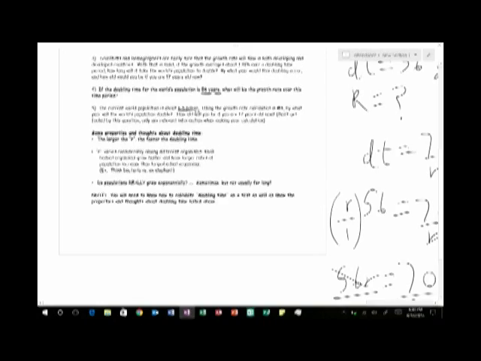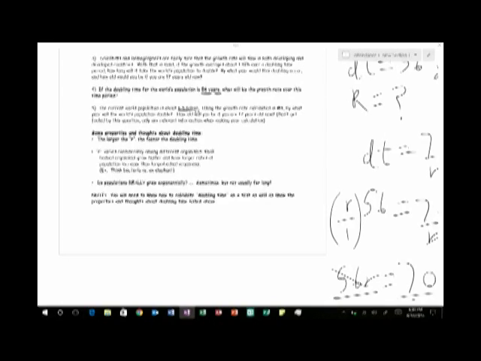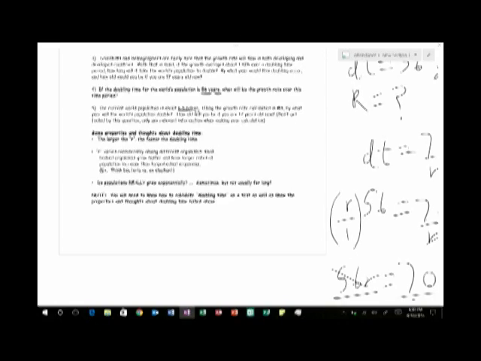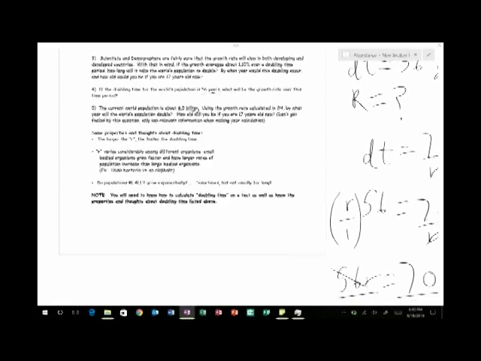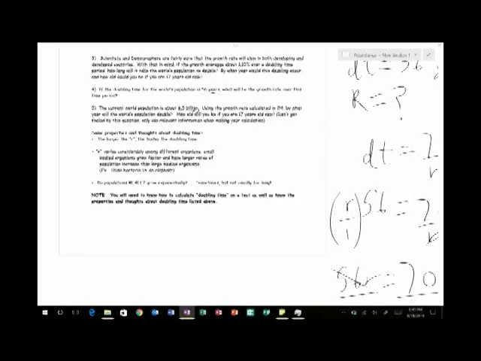Using the growth rate calculated in question number 4, so 1.25%, by what year will the world's population double? So we want to know how long it will take. And then how old will you be if you're 17 years old now? And like it says here, don't be fooled, look for relevant information.